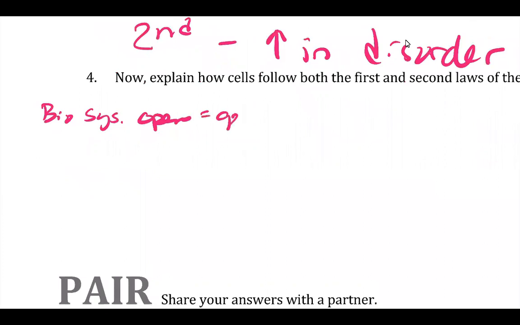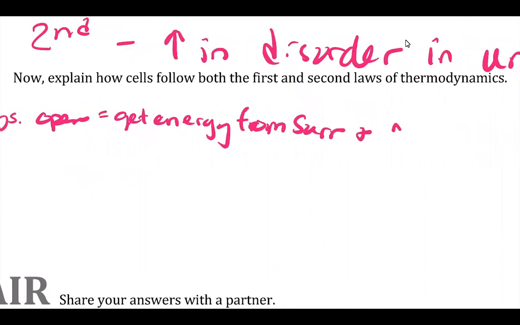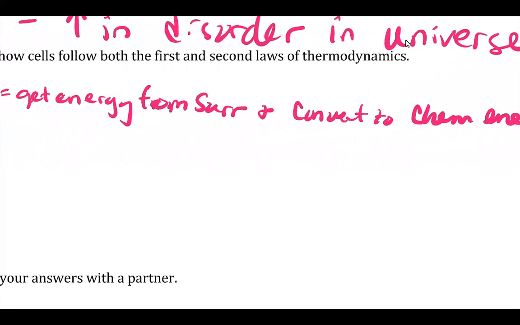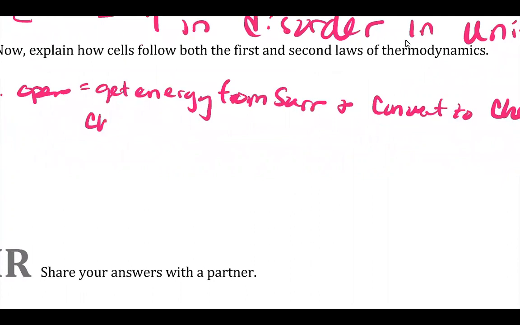So we get energy from surroundings and we convert it to chemical energy. And that chemical energy can now be used inside the system.